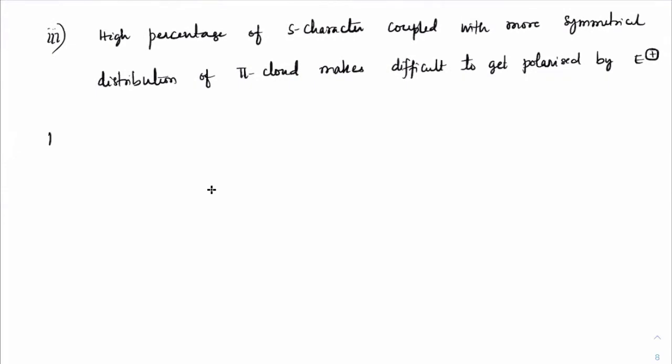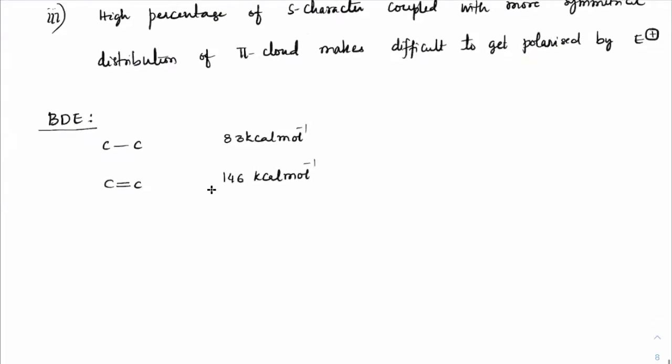Suppose you check the bond dissociation energies of various bonds. First, carbon-carbon bond is around 83 kilocalories per mole. Next, carbon-carbon double bond is around 146 kilocalories per mole. Next, carbon-carbon triple bond is around 200 kilocalories per mole.